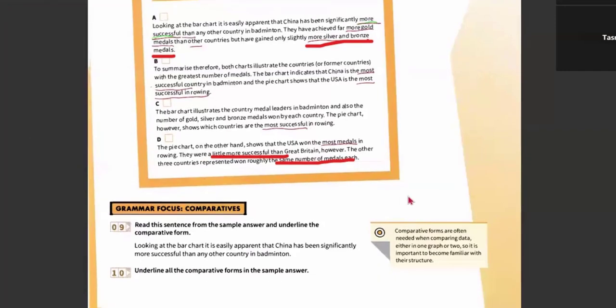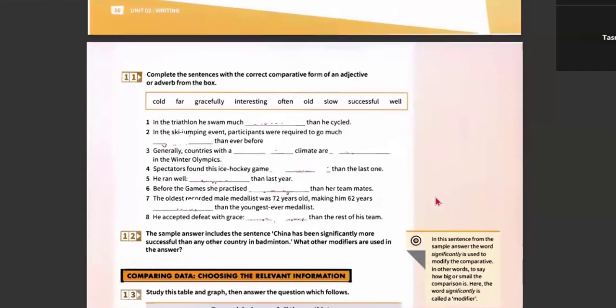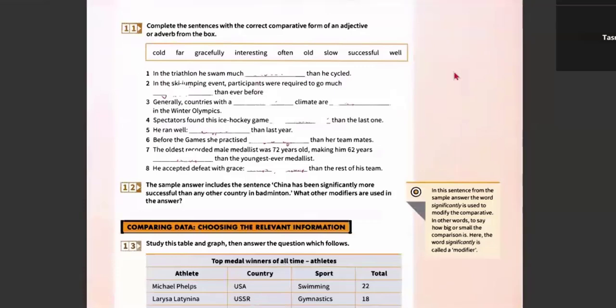Okay, great. Now let's move on to our next activity, that is activity 11. Here we have some blanks in some sentences, that is, 8 sentences are given here, and we have some words given here as well in the box. What we have to do is complete the sentences with the correct comparative form of an adjective or adverb.